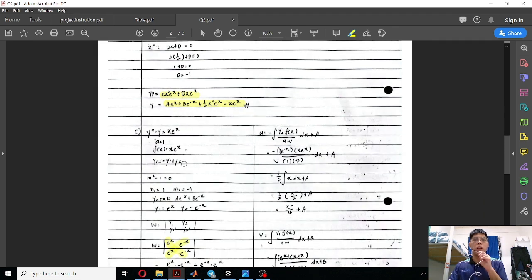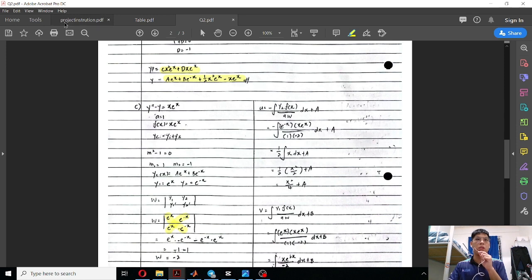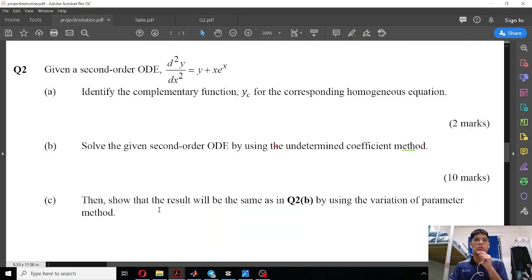And now I will continue with part C, where we need to show that the result is the same as in Q2B by using the variation of parameters method.